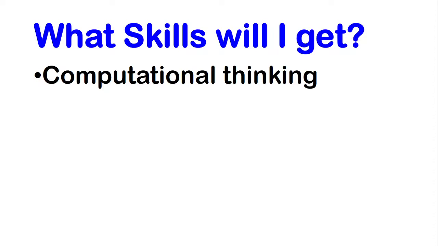Computational skills involve thinking logically, problem solving, decomposing problems into smaller problems, and developing algorithms to solve problems. And problem solving is a huge part of not just computer science or digital technology, but maths and the sciences as well.